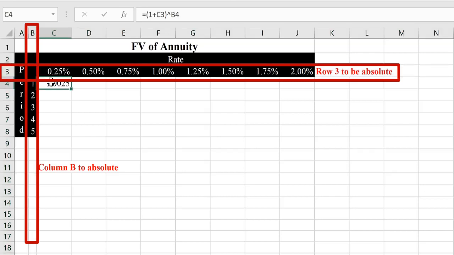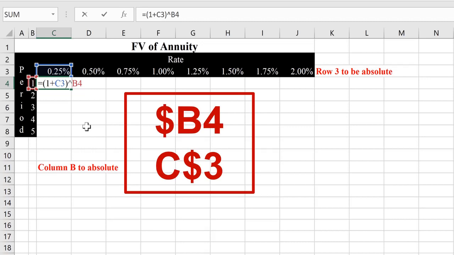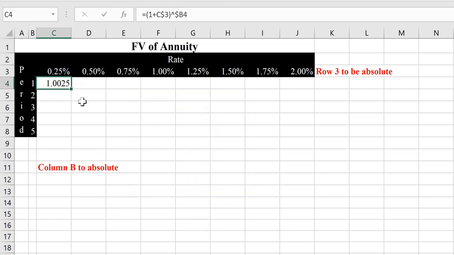In this particular case the B column needs to be made absolute, so we place a dollar sign before B. On the other hand, row number 3 needs to be made absolute, so we place a dollar sign before 3. Column B has been made absolute and row 3 has been made absolute. By pressing enter we can get the value.